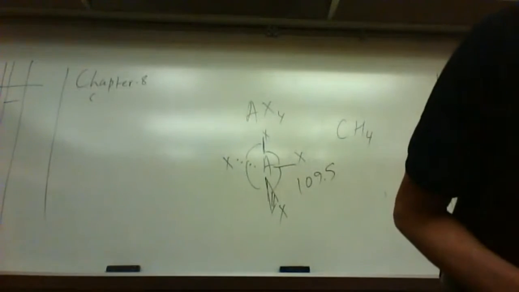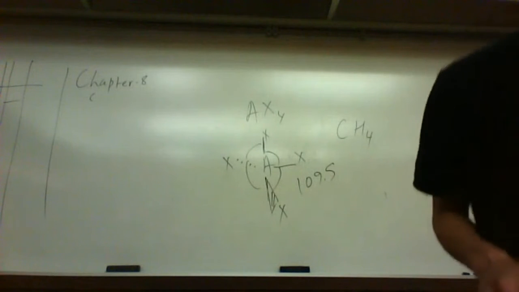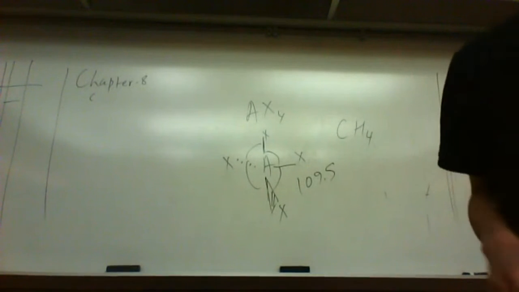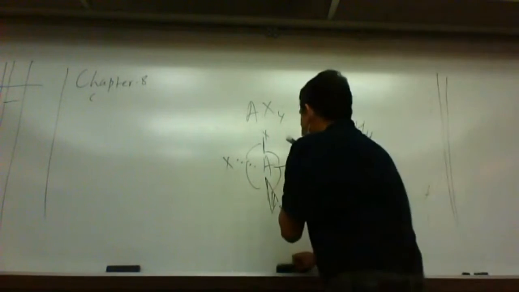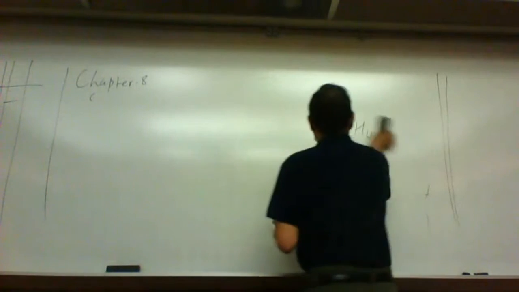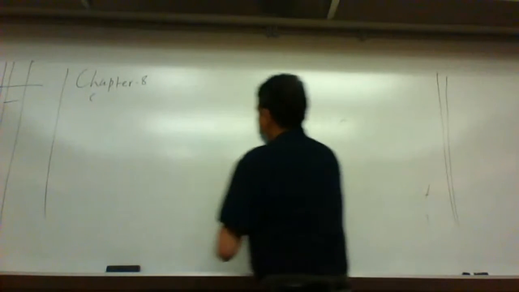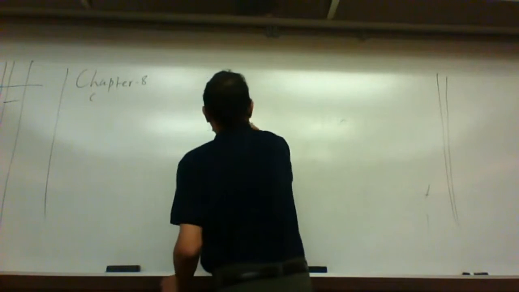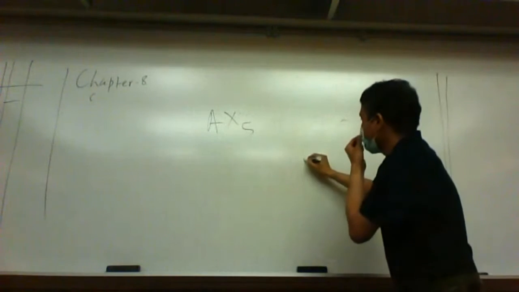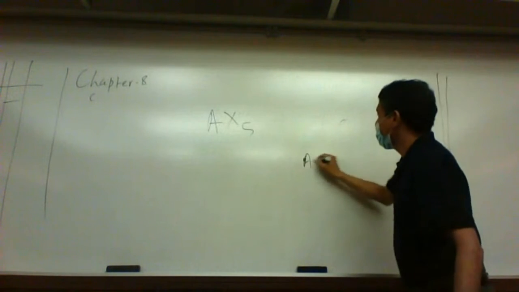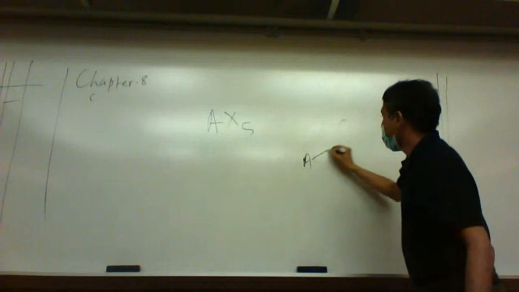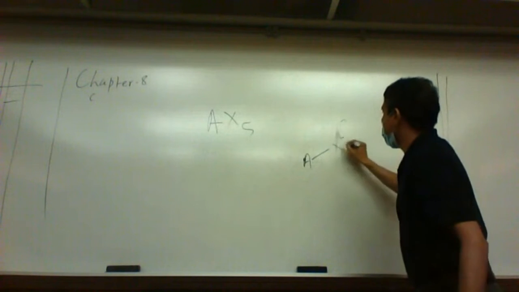Now let's talk about AX5. I'm going to show you AX5. So you have a central atom in the center here. That's A. And what happens is three are in one plane.